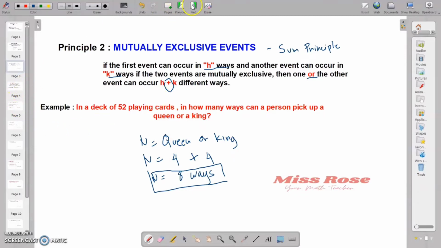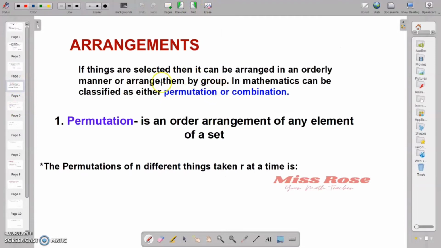Next is the arrangement. In arrangements, if things are selected, they can be arranged in an orderly manner, arranged by group. In mathematics, that can be classified as either permutation or combination. A permutation is an ordered arrangement of elements of a set.